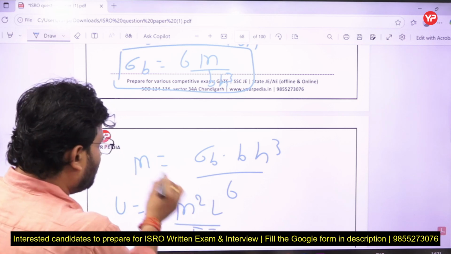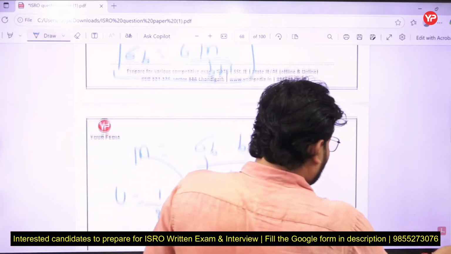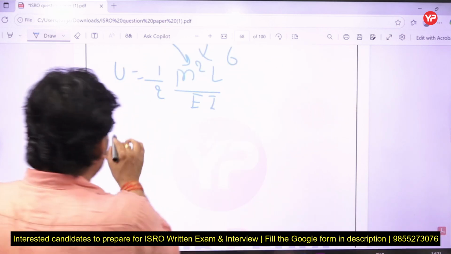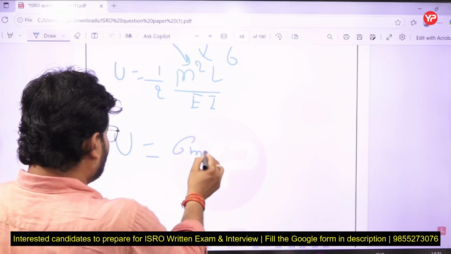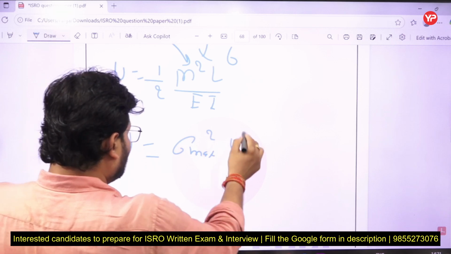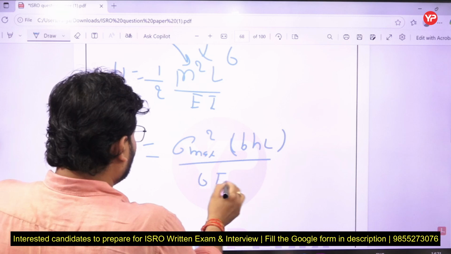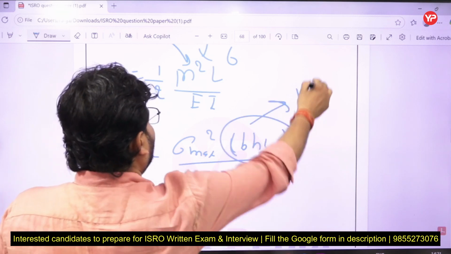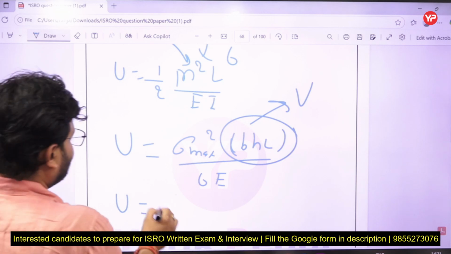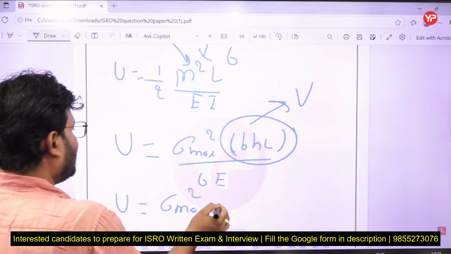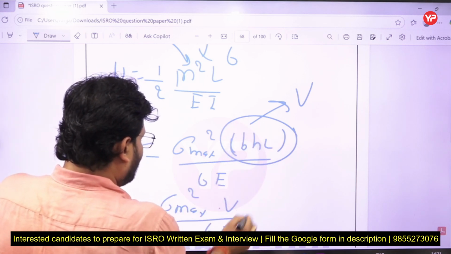By putting that value, we get the strain energy coming out to be sigma max square into b h L upon 6E. So b h L is what? Volume. So strain energy is equal to sigma max square into volume, whole upon 6E. So that will be your answer.